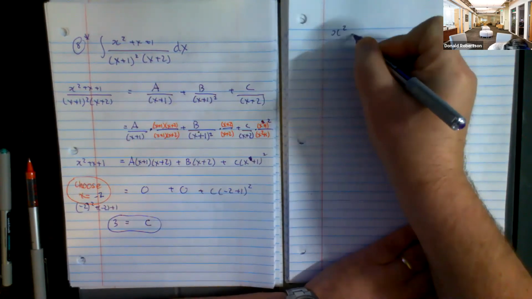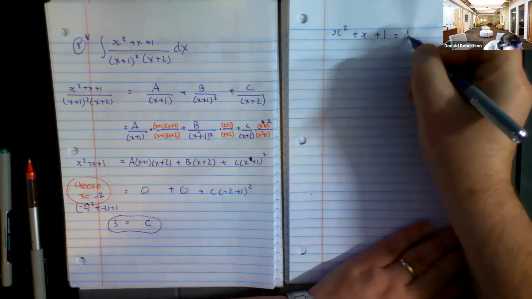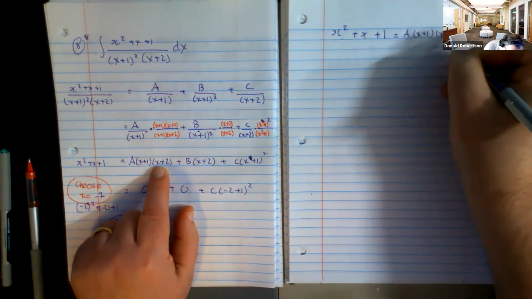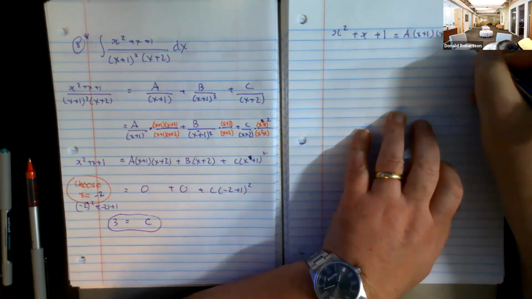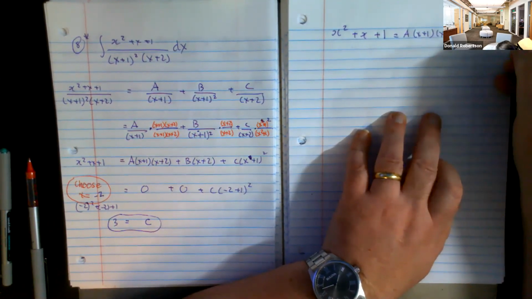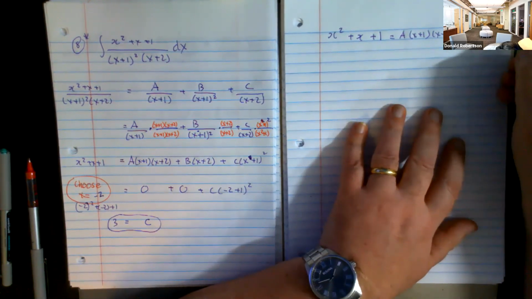I now have x squared plus x plus 1. It's still a times this guy plus b times this guy plus c, which is 3 times this guy squared.